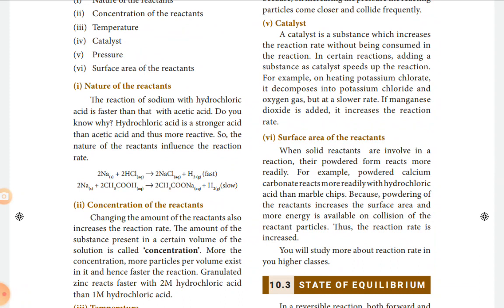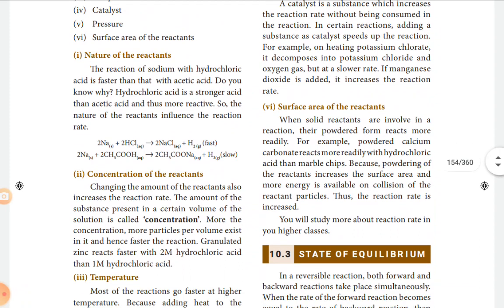Put an upward arrow mark because it is a gaseous product, and you have to balance the equation. Potassium chlorate KClO3 gives, on heating with manganese dioxide catalyst, potassium chloride KCl plus O2 gas.